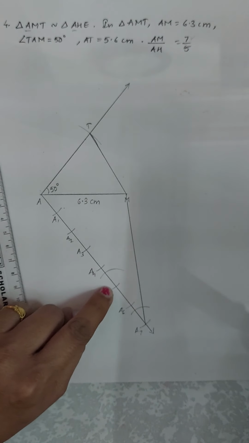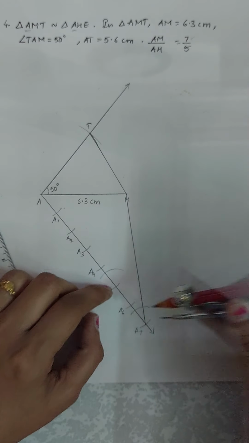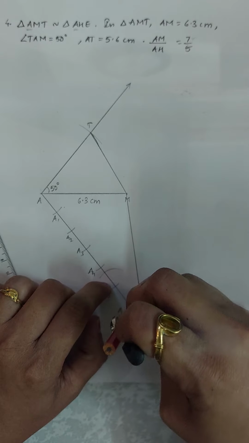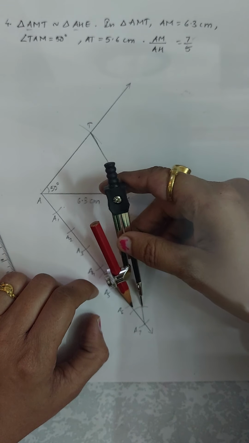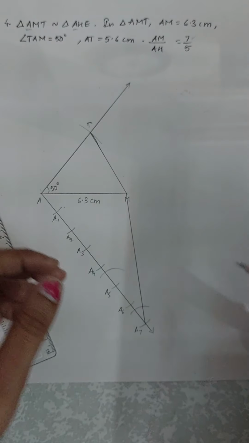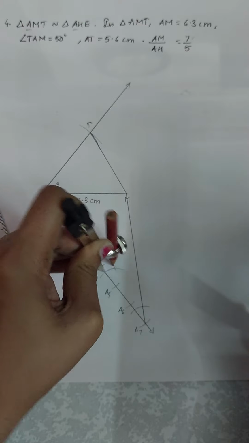Now A5, I have done this. Now you're going to take this measurement. I've drawn this arc here. Now you're going to take this measurement here, the same for both, see here this much, and then you're going to place this here and draw an arc.